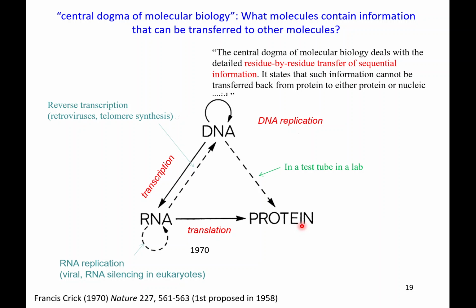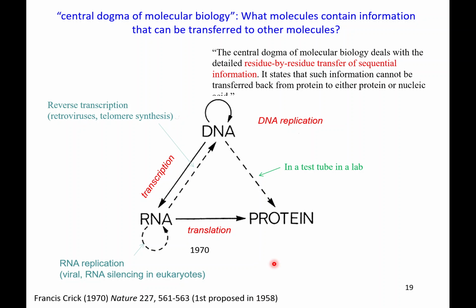And that's where it started, but as we've researched more of this since the 1950s, Francis Crick really published this in 1970, but first proposed it in the late 50s. Okay, this central dogma idea.